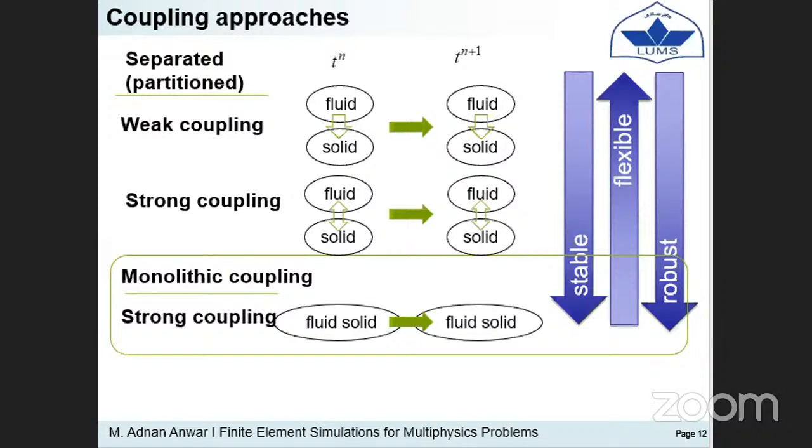Although they are flexible and less programming effort is required, due to the explicit nature of this coupling, convergence problems may often arise. Consequently, there is a restriction on the choice of the time step even if implicit time stepping schemes are used by the two solvers.